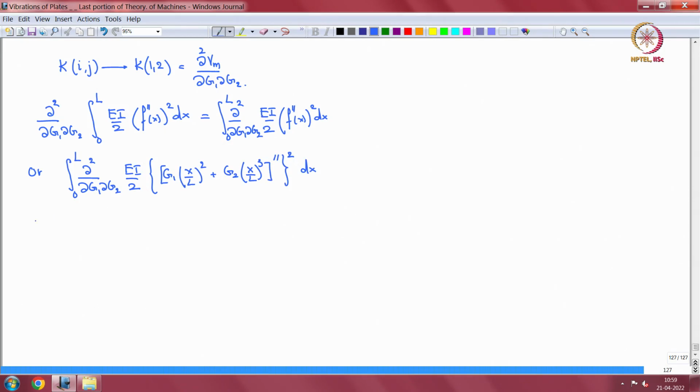Okay, so let's continue. Integral 0 to L del 2 by del G1 del G2 EI by 2 into G1 times 2x by L square plus G2, 2, there's no x here, it's a double dash, so 2.